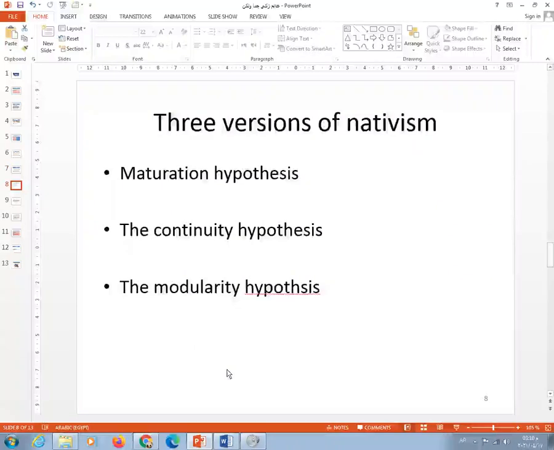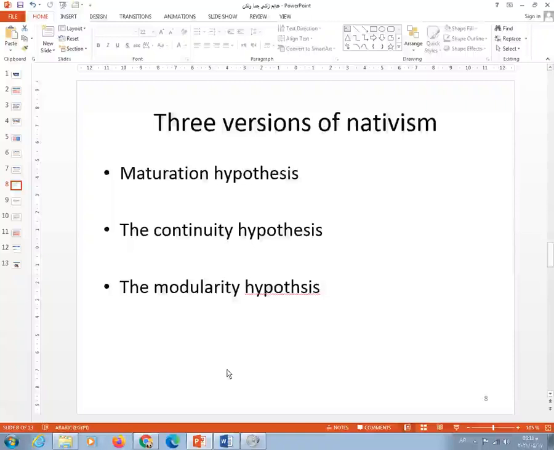So the developmental changes in the linguistic system are due primarily to neurological maturation, which makes new linguistic competence available. So they say that universal grammar matures, and as a result of this maturation, the child's language also matures and gets more complicated and becomes adult-like.